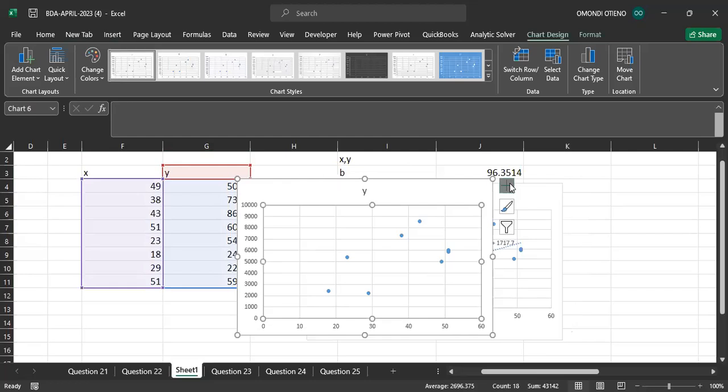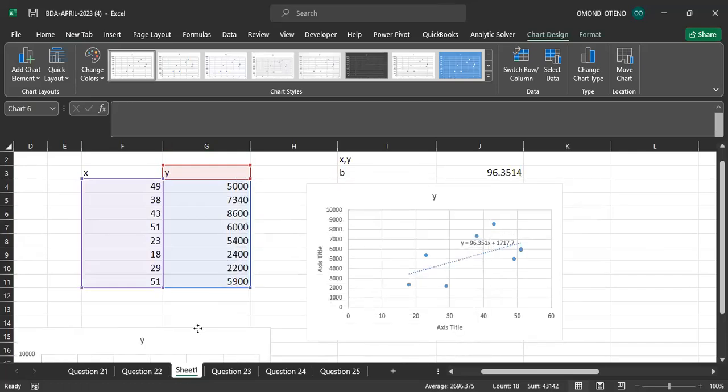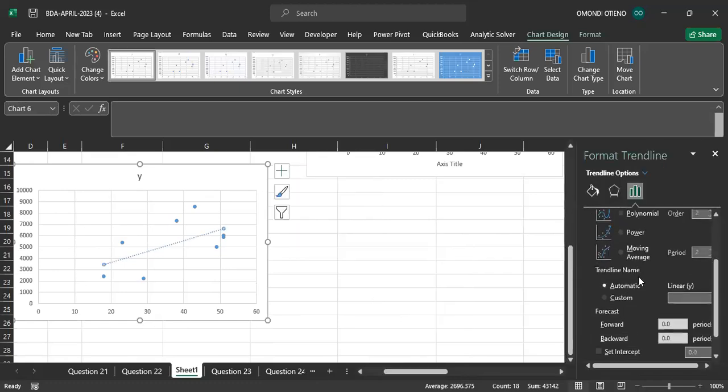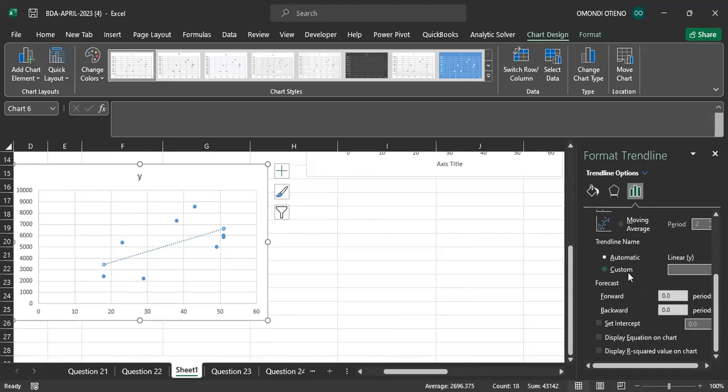Go to this part, trend line. Click on more. Bring it down here. Number one, just do the same thing that we did. Number one, display equation on the chart. Number two, display R squared value on chart.